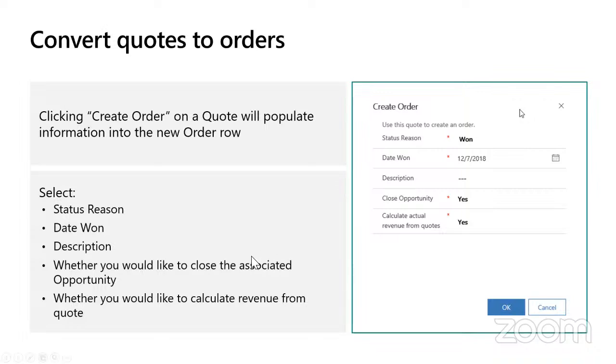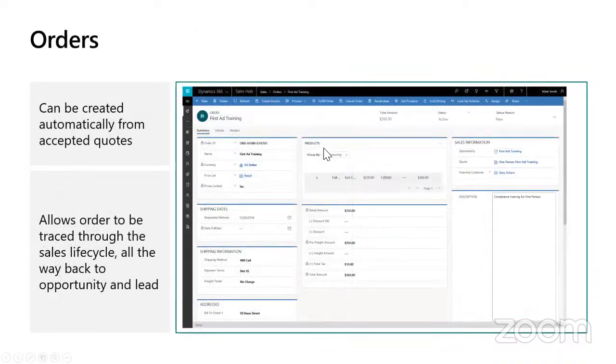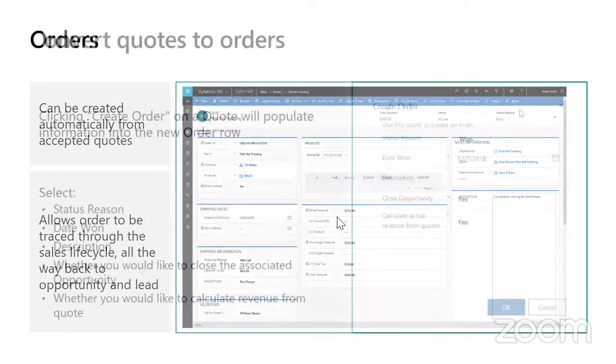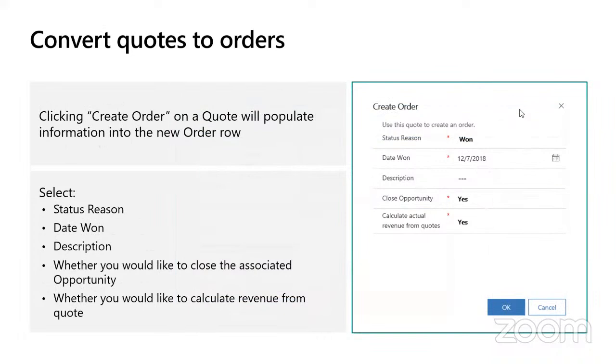But with Dynamics, you've got a facility where you can simply convert that quote into an order. Hence, you notice that predominantly all the information mirrors what's on the quote, because at that point, you're simply converting that quote into an order.